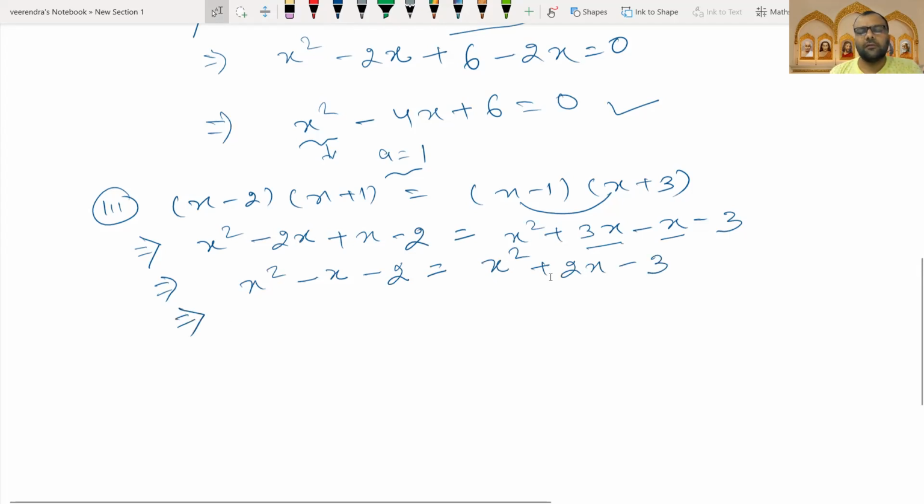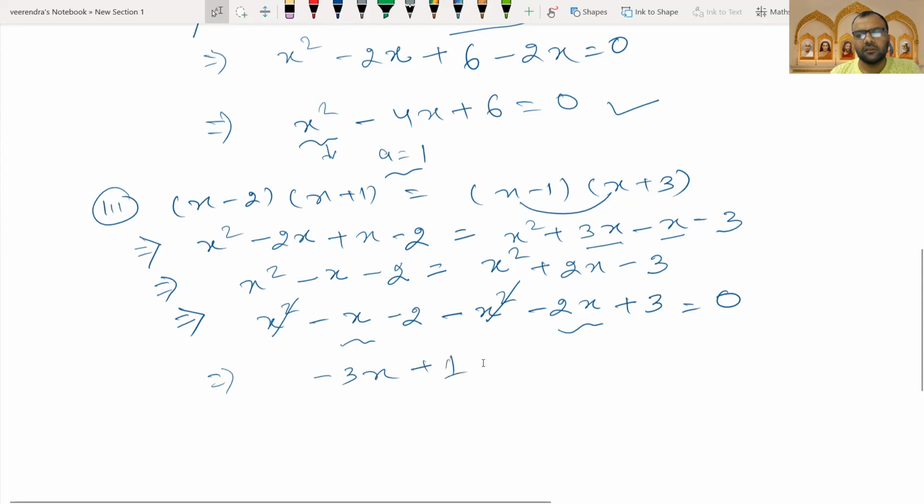Now I will take these terms to the left hand side. So it will become x square minus x minus 2 minus x square minus 2x plus 3 equals to 0. X square and x square will cancel out. So it will be minus x minus 2x, it will become minus 3x. 3 minus 2 is plus 1 is equal to 0, or it can be written as 3x minus 1 is equal to 0. So here we can see there is no term containing x square.